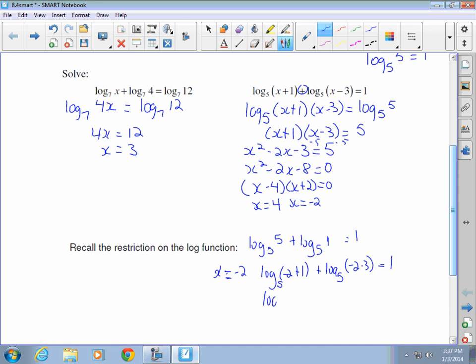This is log base 5 of negative 1 plus log base 5 of negative 5 equal to 1. Now, if you remember from our rules in section, I think that was 8.2, you can never find the log of a negative value. Remember, your base couldn't be 0, 1, or a negative, and the value you're finding couldn't be a negative.